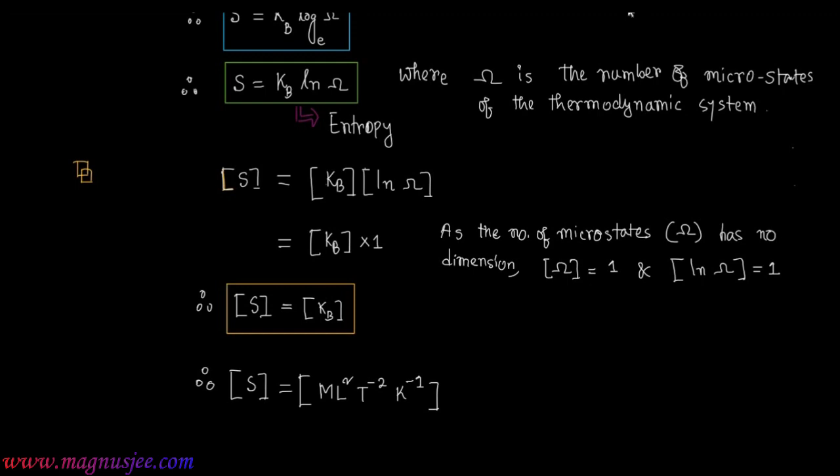So we can say that entropy S and Boltzmann constant kB have the same dimensions.